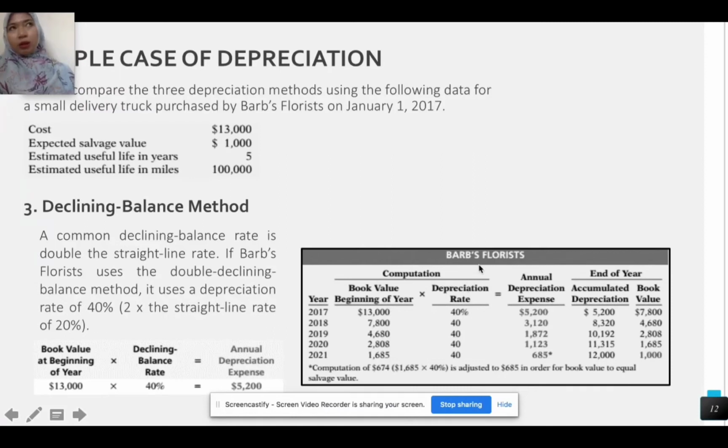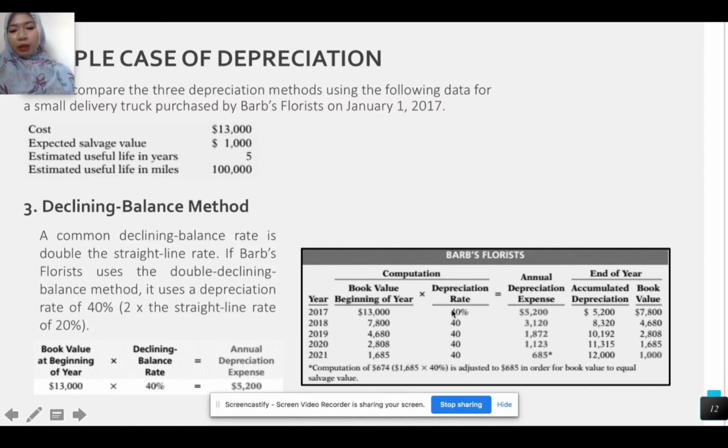Look at the depreciation schedule. The second column is book value at the beginning of year. The third column is depreciation rate, and the fourth, the fifth, and the sixth are the same columns as the other methods. Now look at the book value at the beginning of year for 2017: it is $13,000.